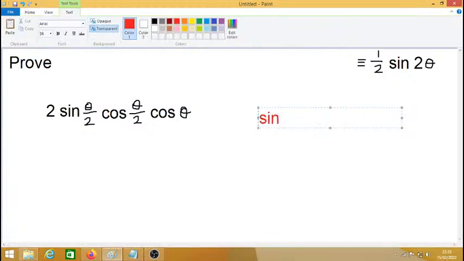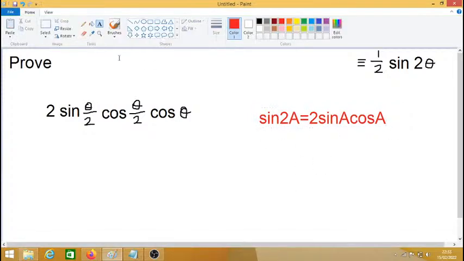So we learnt it as sine 2a is equal to 2 sine a cos a. Notice you've got the sine and the cos straight after each other, and you've got the 2 at the front. So this right-hand side here is going to be helpful to work on this bit here. Let's just go through the basics.